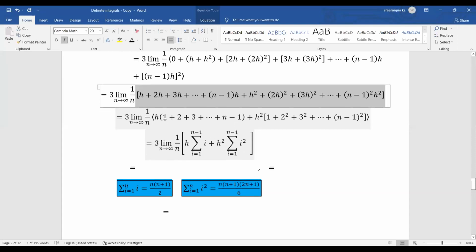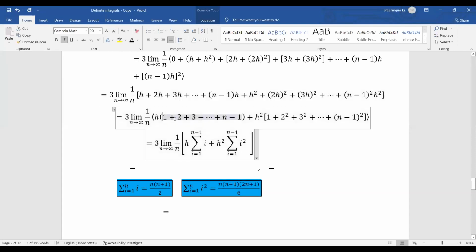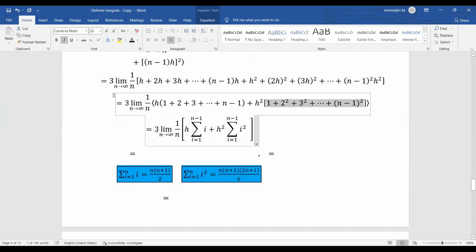Okay. Now first group, we can see that sum of first n minus 1 natural numbers. Second group, sum of squares of first n minus 1 natural numbers. So limit equal to 3 times limit n tends to infinity, 1 by n, h into sigma i equal to 1 to n minus 1 of i plus h square into sigma i equal to 1 to n minus 1 of i square.